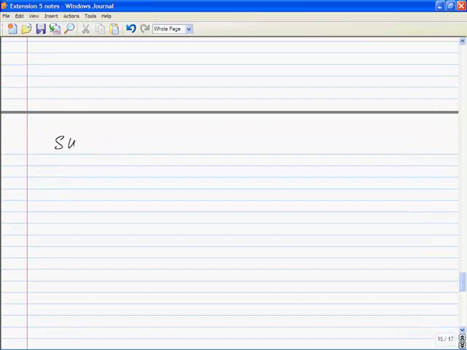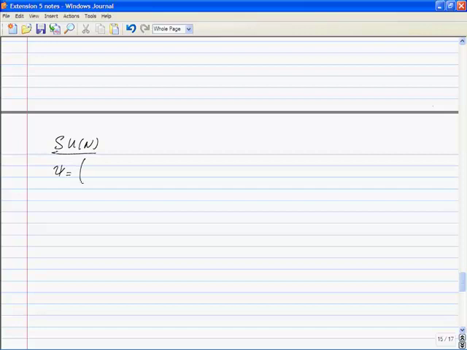I want to do SU(N) very quickly, because the reason all this notation is useful is that it just generalizes to SU(N) without any real change.